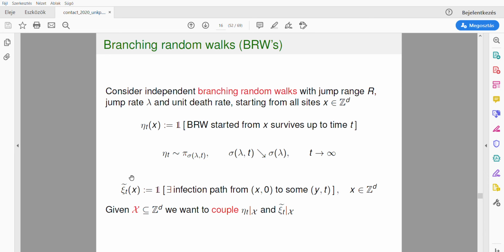This other indicator was the indicator that there is an infection path from x0 to yt. If I have a finite subset of Z^d, I want to couple the branching random walks starting from this set, and the corresponding indicators, to infection paths starting from the same set of vertices.